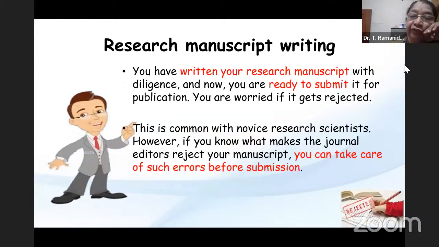If you have written your research manuscript with diligence and now you are ready to submit it for publication, you are actually worried whether it will get accepted or rejected. This is common for a novice research scientist. However, if you know what makes journal editors reject your manuscript, you can take care of such errors before you submit.